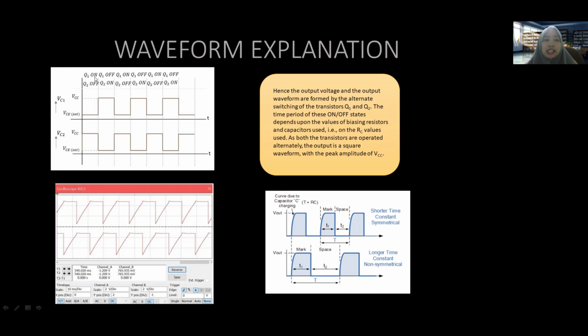When Q1 is in the on condition, Q2 will be off, while when Q1 is in the off condition, Q2 will be in the on condition. This is the waveform that we got from the oscilloscope in our Multisim. This shows that the curve is due to the capacitor C charging. Time period is equal to RC.